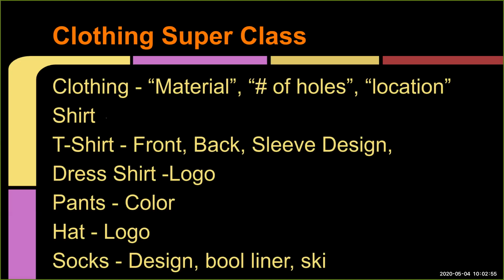But they would have additional things that would make it a shirt. So not only would the shirt be a child of this clothing class, it may have additional things, but also it could have these private elements set so that they don't change.